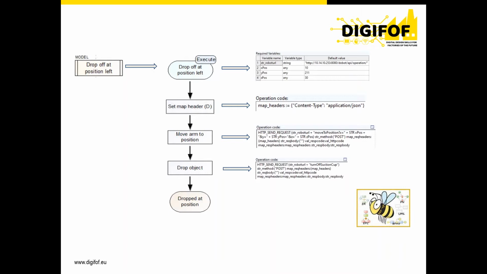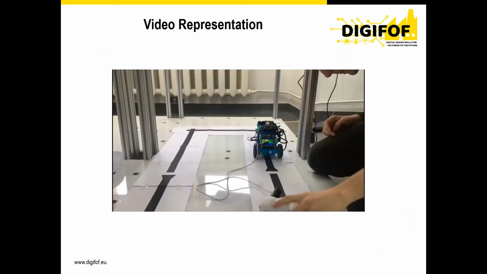And the last object, the drop object operation, is just a request sent to the robotic arm to turn off the suction cup. It means that after it moved to the left container, in our case, we have to turn off the suction cup to release the piece into the container.